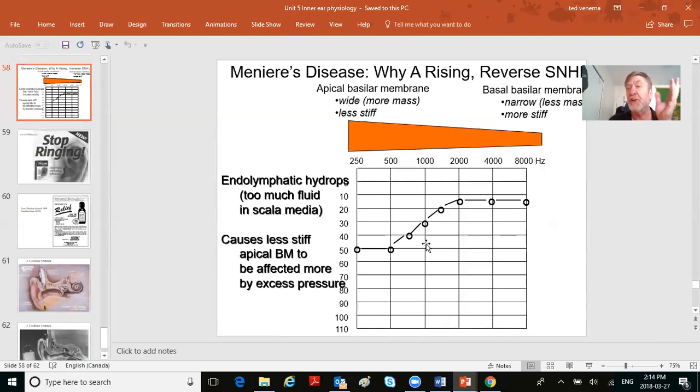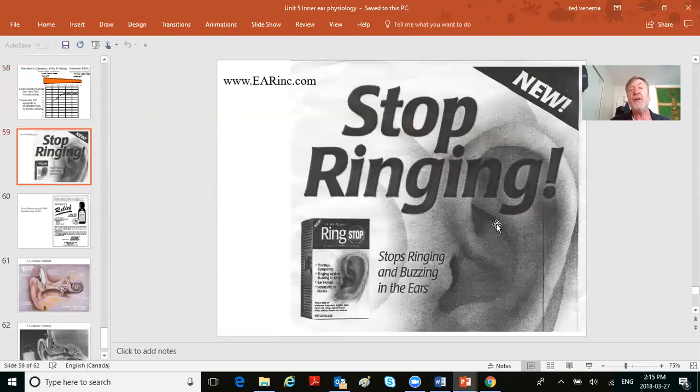Until finally, after about a 5-year time span, the disease has run its course. And basically, you're left with a fairly flat, more low frequency than high, but basically a permanent low frequency hearing loss. Meniere's. Another pathology of the ear is tinnitus, ringing in the ear.